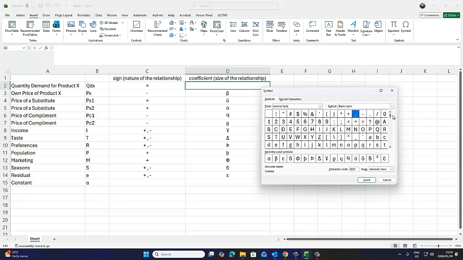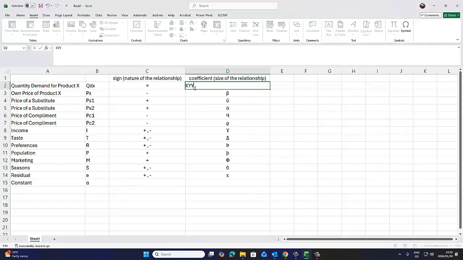Our variable is normally depicted by a y. Okay, so there's my y.